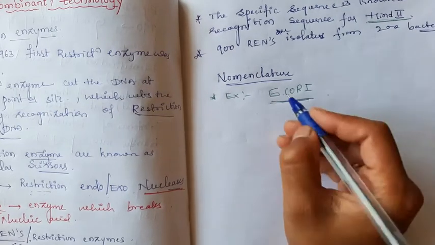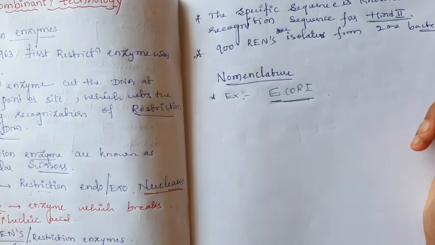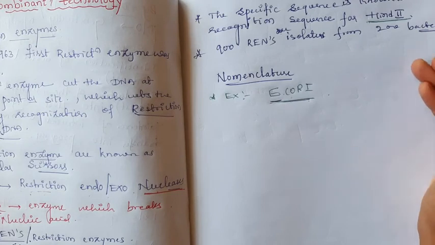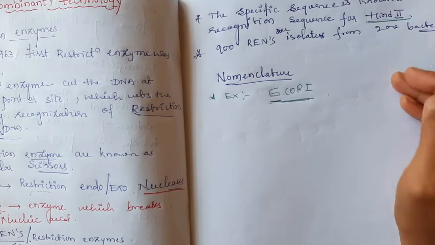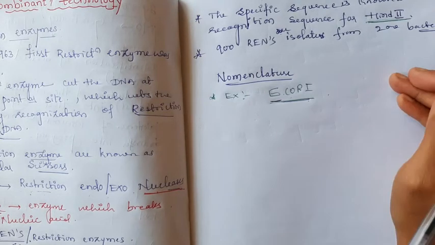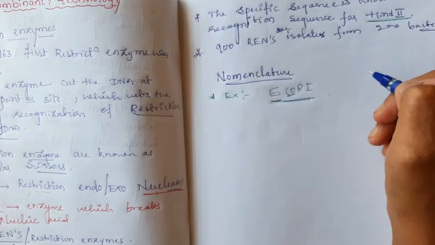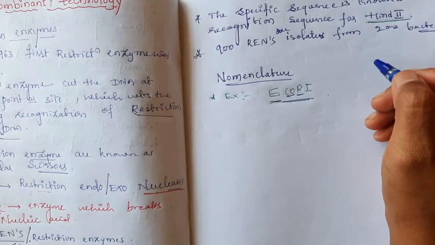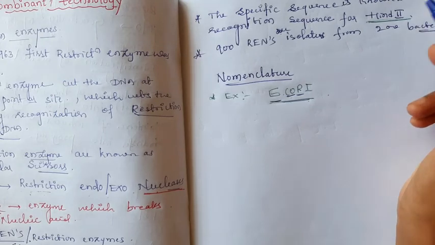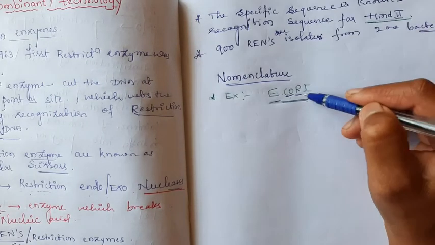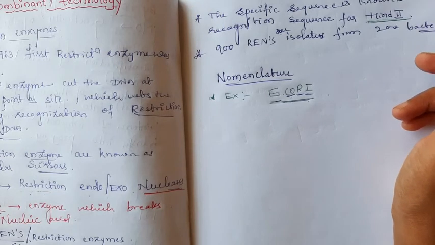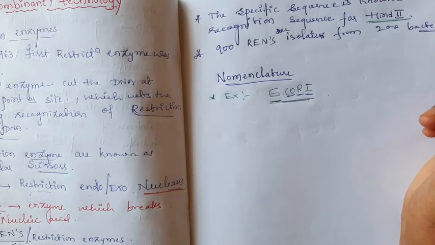The first letter of the name is from the genus of the bacteria, then the next letters are the species, then R represents the strain from which it is isolated, then the Roman numeral I, II, like this, is the order of identification in the bacteria.